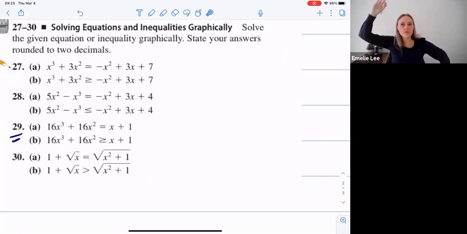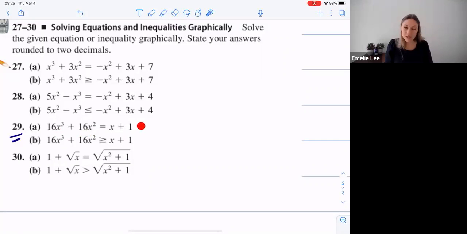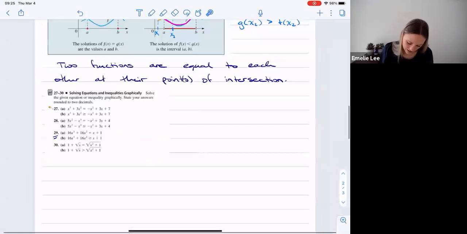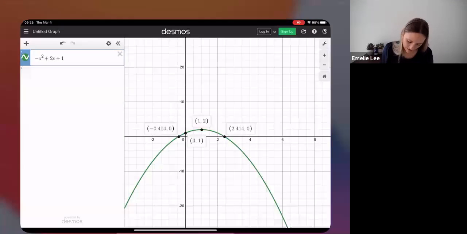So I know overall it should have some sort of shape like this. X plus 1, I know is a linear function, so I'm expecting some sort of linear function with a slope of 1 and a y-intercept of 1. All right, so we can get a lot of information from just the functions themselves. But let's graph this out in Desmos to see what things look like.